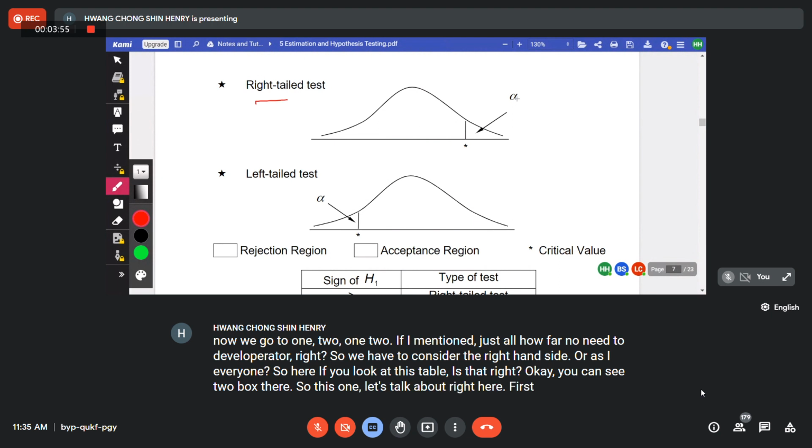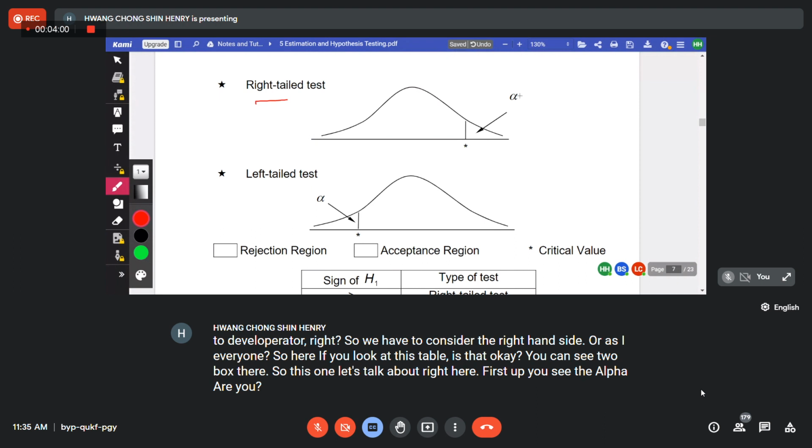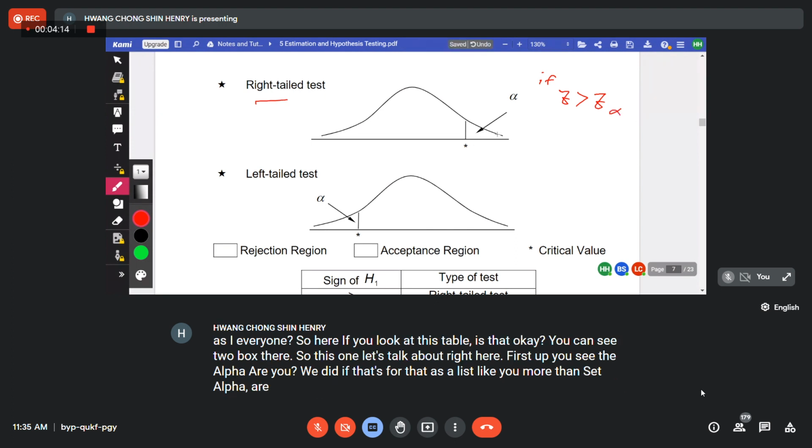I write down the critical region: if your Z score, the test statistic from the formula we covered just now, is more than Z alpha, positive because it's the right tail, then reject H0. Again, this is the shaded area.